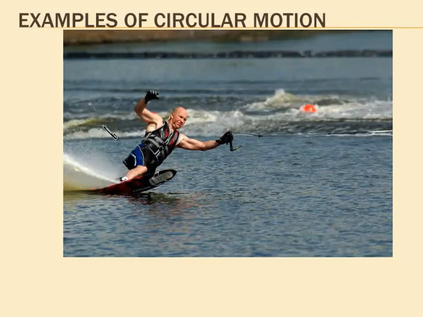Here we have a skier going around in a circle. Can you see the force that's providing the centripetal acceleration? So pause for a while and think about it. Okay, so right here where the ski board meets the water, the water itself is exerting a force more or less in this direction.